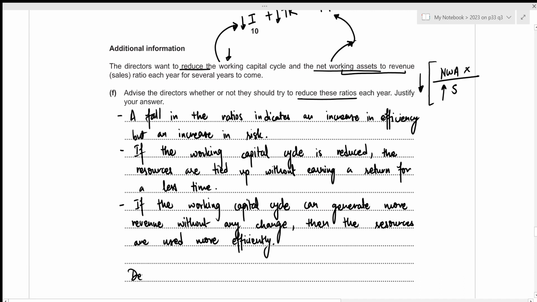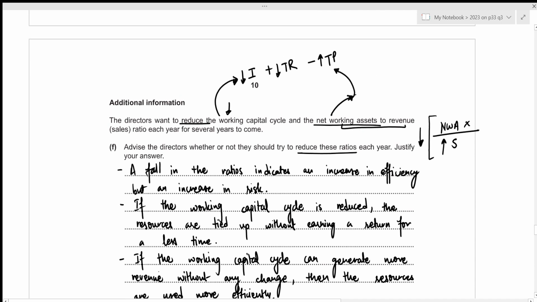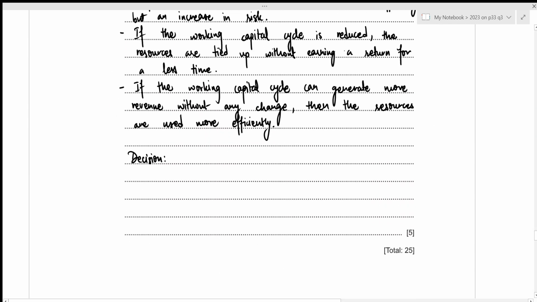Now, based on these factors, we need to make a decision. So personally, I would want to focus on the increment of trade payables, right? So if we increase the trade payables, then it might damage the relationships with suppliers. So it might be difficult for the company to source their materials in the future, due to which I'm going to advise against reducing these ratios. Let's write it down.